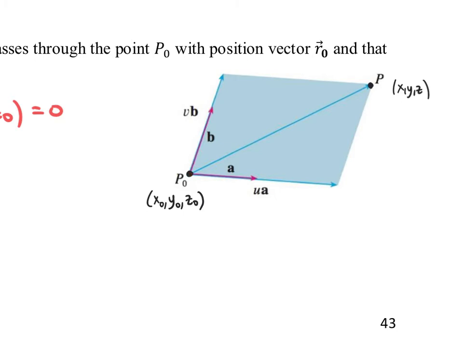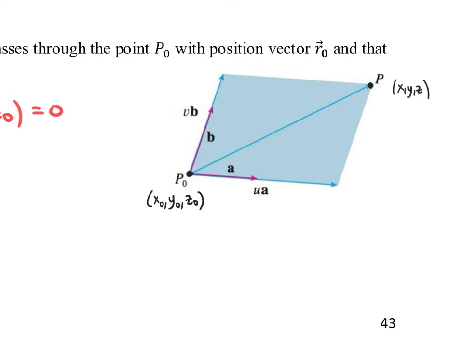But what we want is the ability to scale a and scale b in order to come up with an equation for this long vector between p sub naught and p. If you can envision multiplying a by some number, you would extend a out to here, and then with b, you would travel along b, but you would have to scale that as well to get to p.